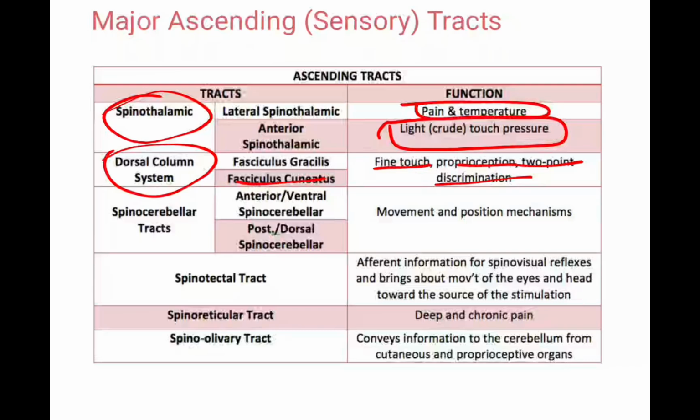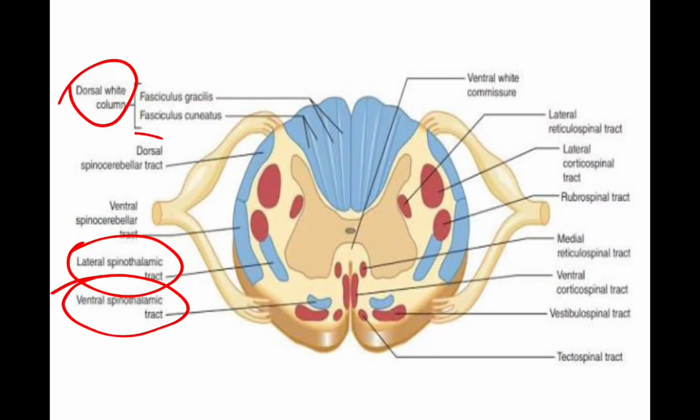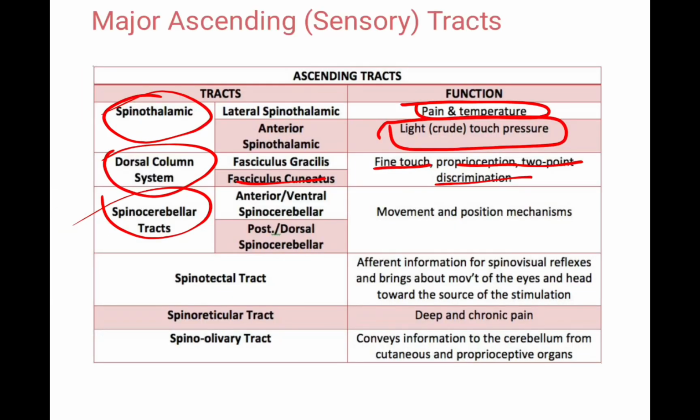We also have the spinocerebellar tract, which has the anterior and the dorsal. This is the dorsal spinocerebellar and the ventral spinocerebellar. They're responsible for movement and position mechanism. We have the spinotectal, which is afferent information for spinovisual reflexes and brings about movement of the eyes and head towards the source of stimulation.